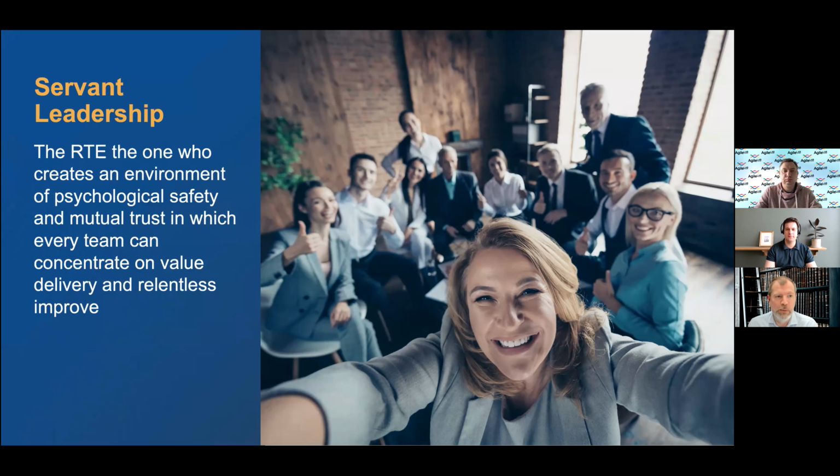But he is the one who creates an environment of mutual trust and psychological safety, so that every team within this environment can concentrate on value delivery and on what we call relentless improvement. In this dimension, the focus is on enabling the ART to be self-organized, which is also one of the principles that we know in SAFe.